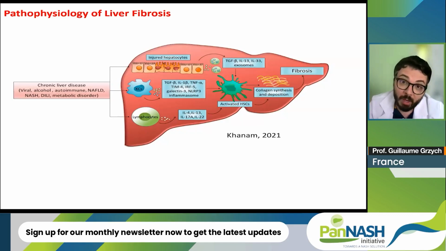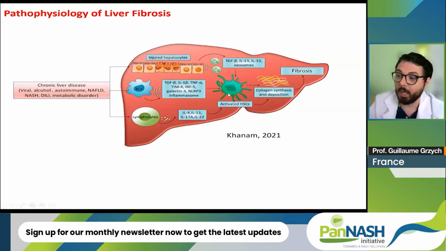You have inflammation in the liver with activation of some cells. You have release of cytokines, pro-inflammatory signals, and this process activates cells called hepatic stellate cells. Here we can see the activated HSCs, and these cells promote fibrosis with synthesis of collagen, for example.